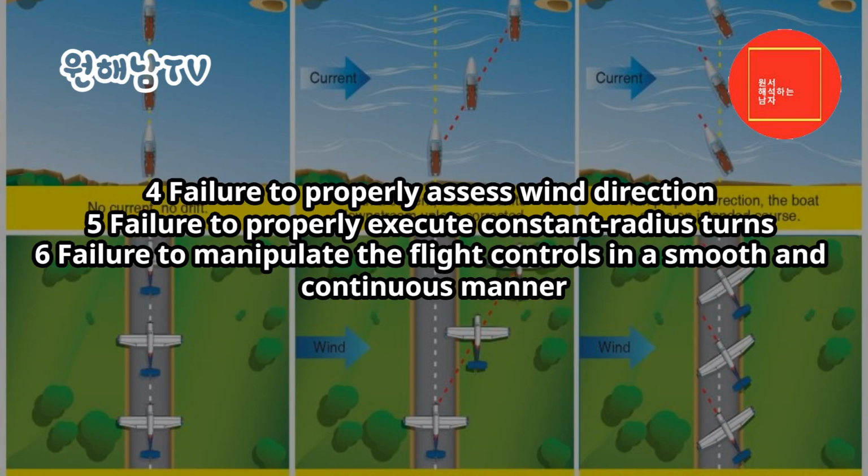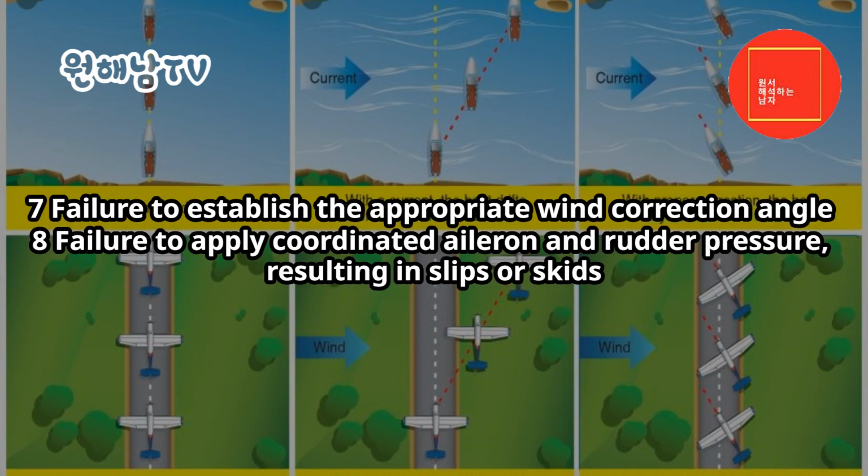Failure to properly assess wind direction. 5. Failure to properly execute constant radius turns. 6. Failure to manipulate the flight controls in a smooth and continuous manner. 7. Failure to establish the appropriate wind correction angle. 8. Failure to apply coordinated aileron and rudder pressure, resulting in slips or skids.